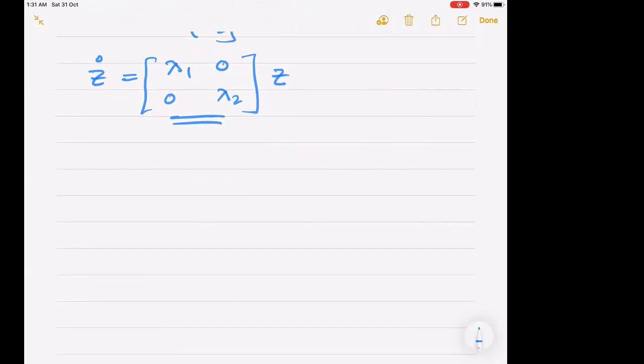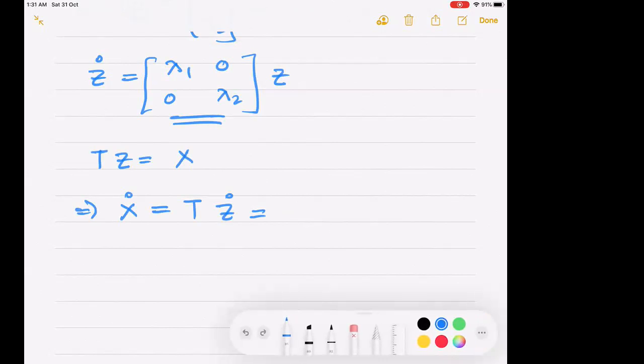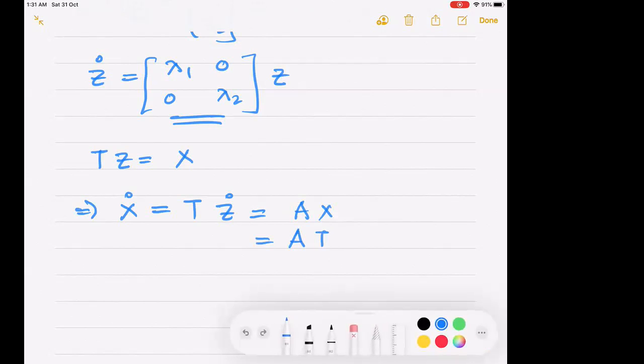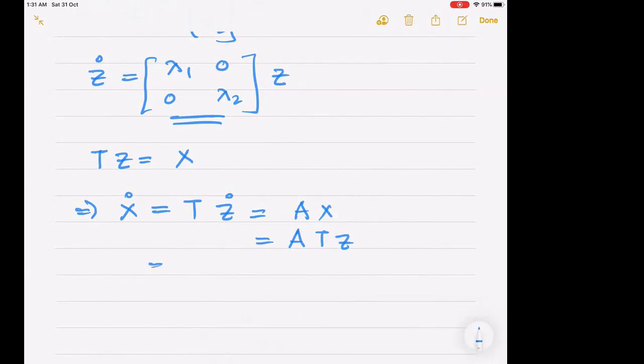We have T times z is equal to x. So x dot must be equal to T times z dot, which is the same as Ax, but this x is once again T times z. So from here it follows that z dot is equal to T inverse A T into z.